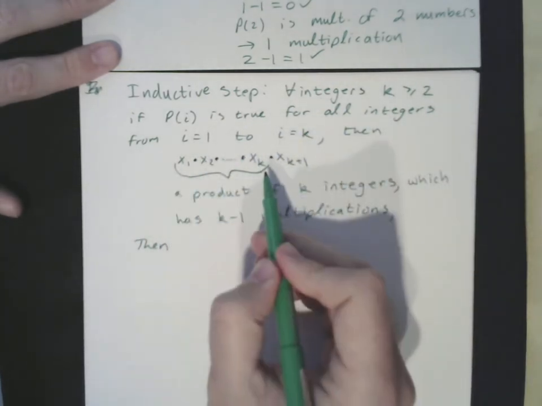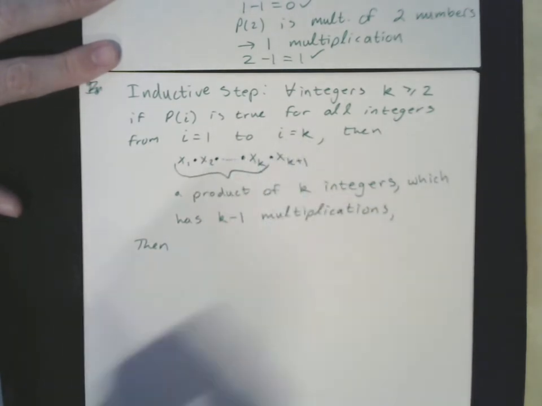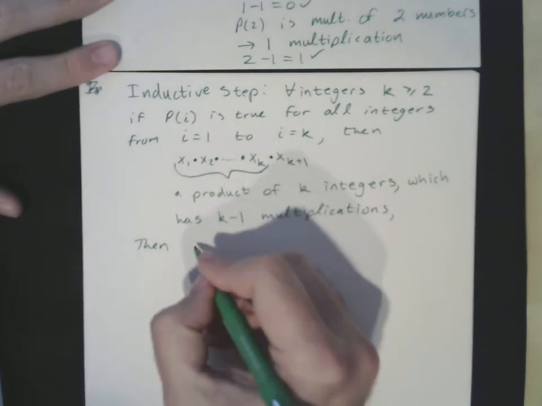So we have k minus 1 total dots, basically, multiplication symbols, and there's one more.